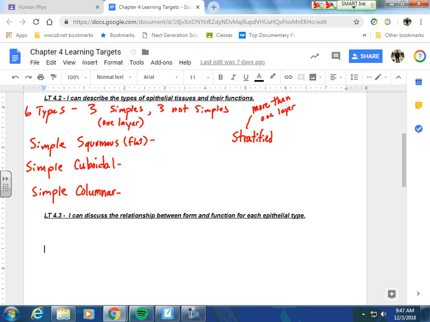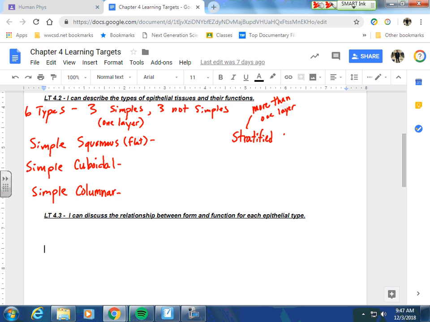So we can identify epithelial types by the number of layers. We can also identify them by the shapes of the cells that make up the tissue: simple, one layer, or stratified, more than one layer; and by cell shape, flattened squamous, cuboidal, or columnar.